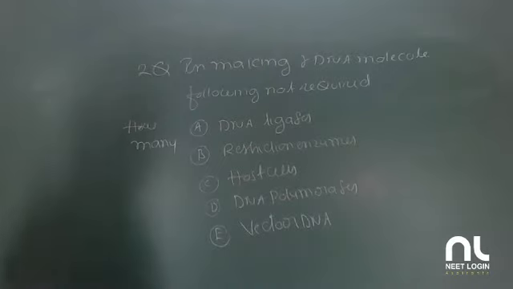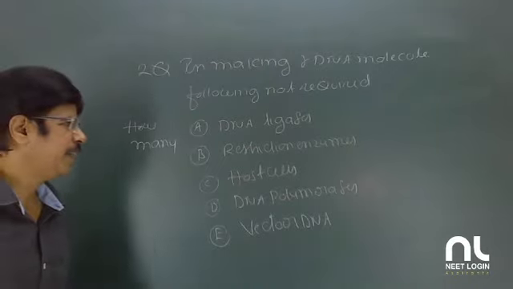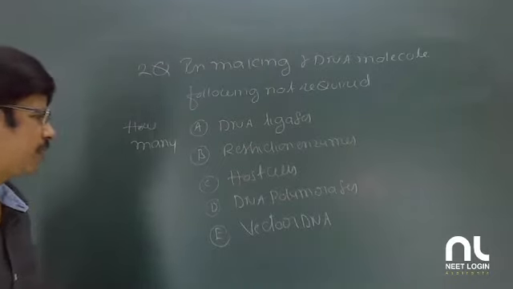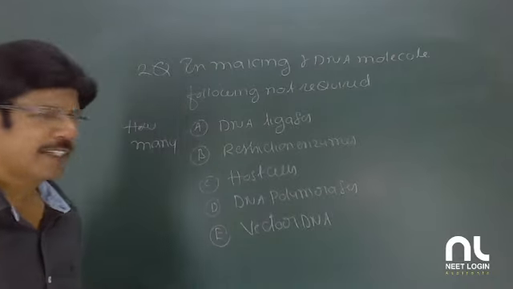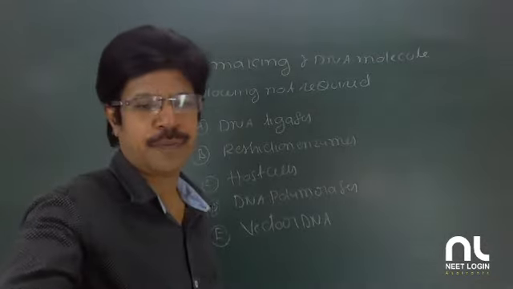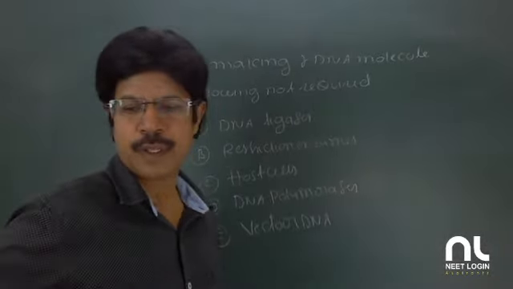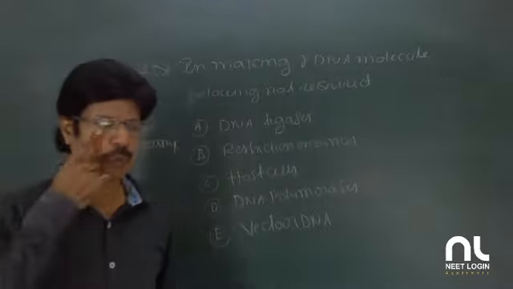How many are not required? Option A, DNA ligases. B, restriction enzyme. C, host cell. D, DNA polymerases. E, vector DNA.